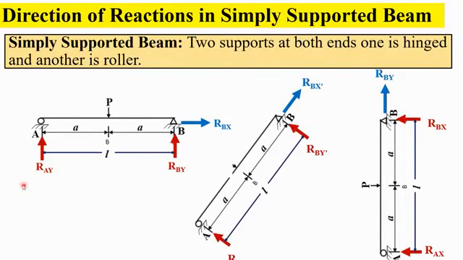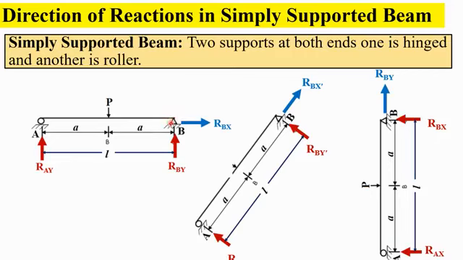Now come, say a beam. One beam is horizontal, one is inclined, one is vertical. How do you show the reaction? You see, this vertical is the y direction and horizontal is the x direction. So as it is a roller support, it will have only one reaction, RAY, towards vertical.